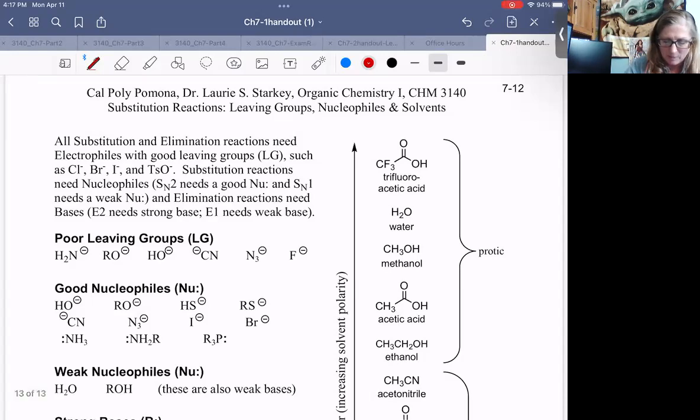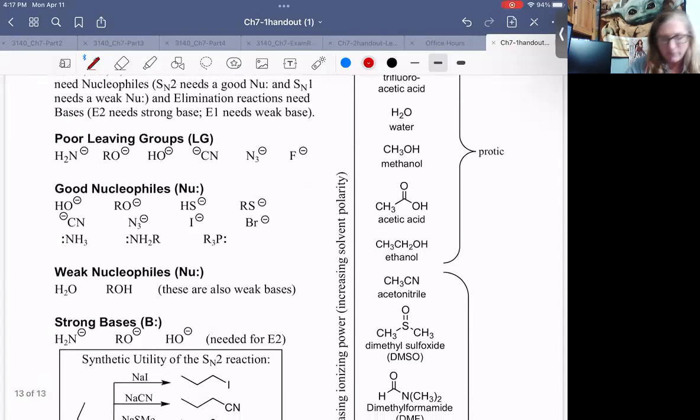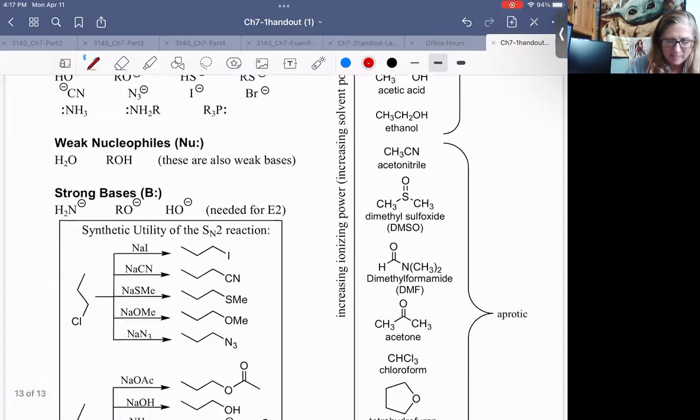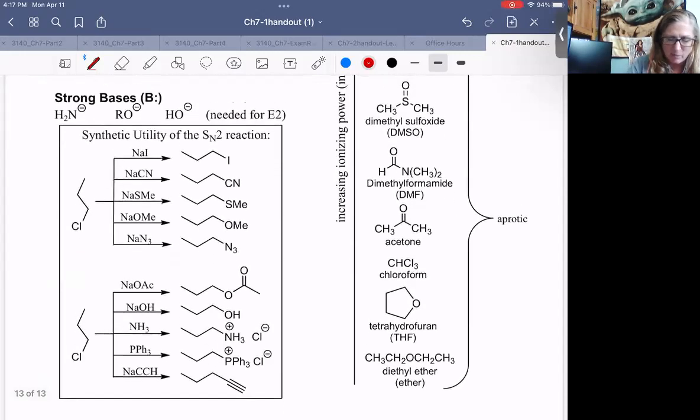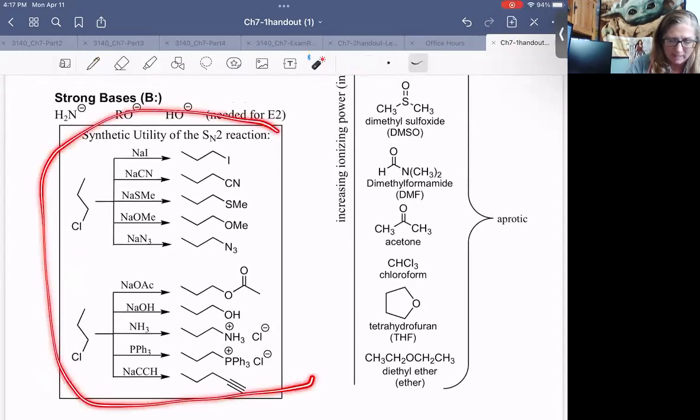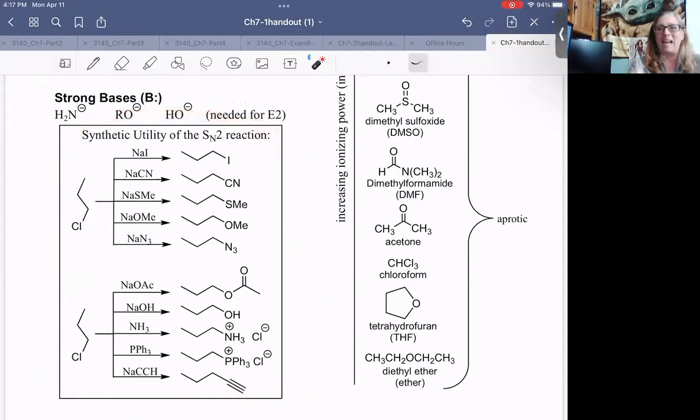So I have on this page just a summary of leaving groups and nucleophiles and bases. This is also a nice summary of just what's so cool about the Sn2 mechanism. That backside attack is fantastic. If we have a leaving group that's on a primary carbon, the backside attack is very easy.